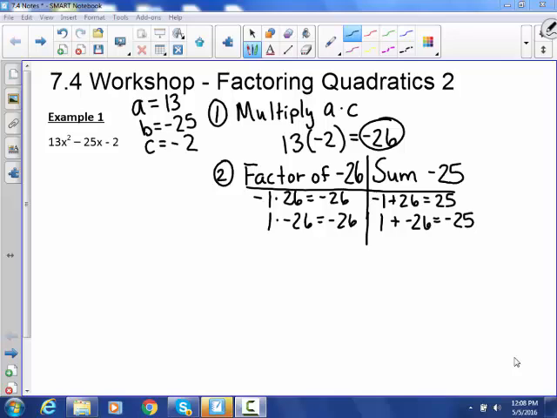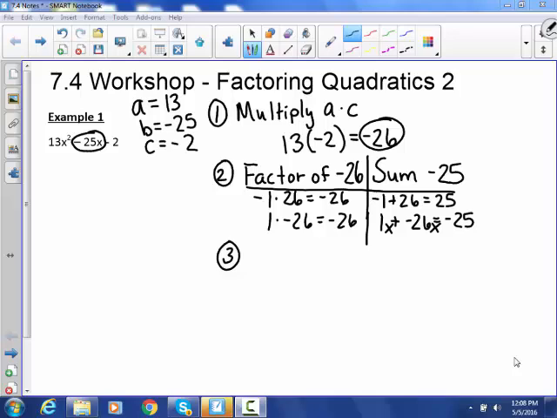Okay, now, at this point on Tuesday, we would have put those in parentheses, but we can't do that yet here. So the third thing that you have to do is rewrite this original equation, and we're going to replace the negative 25x with 1x plus negative 26x.